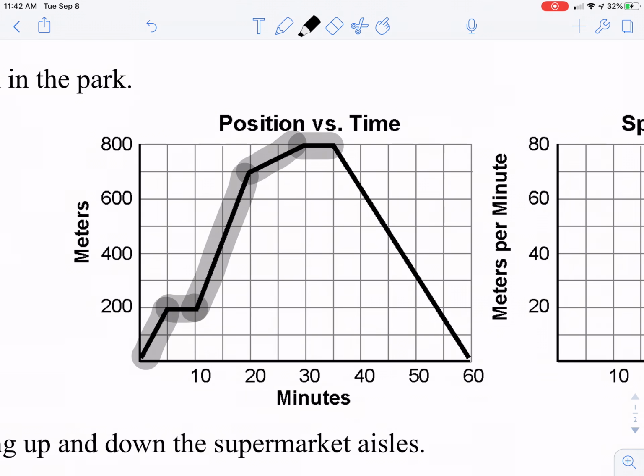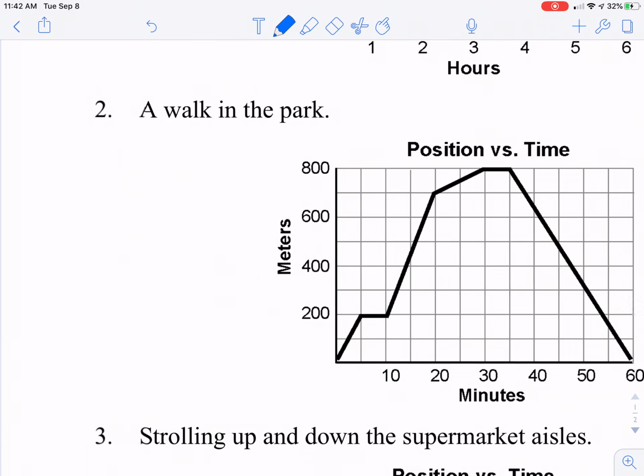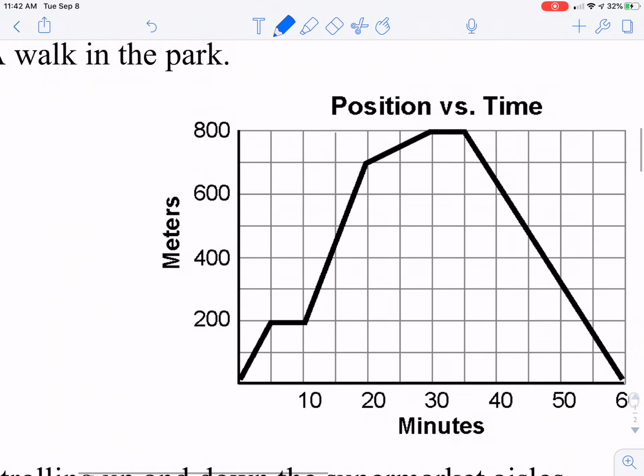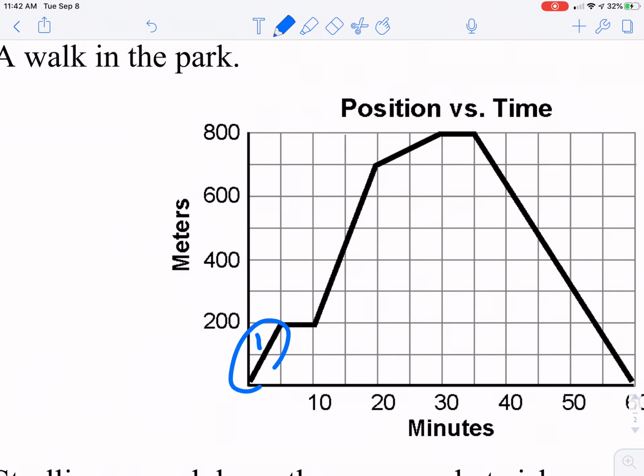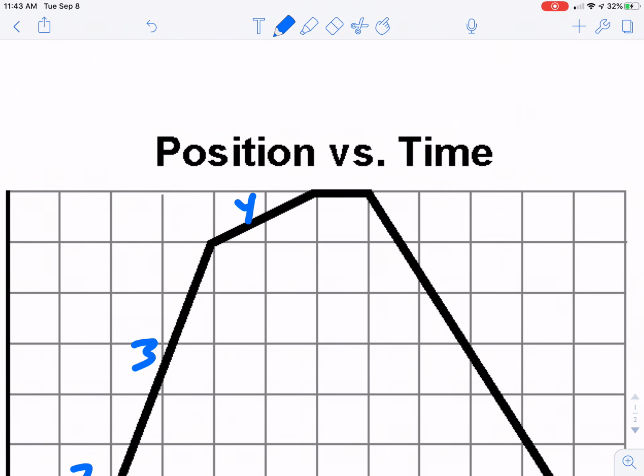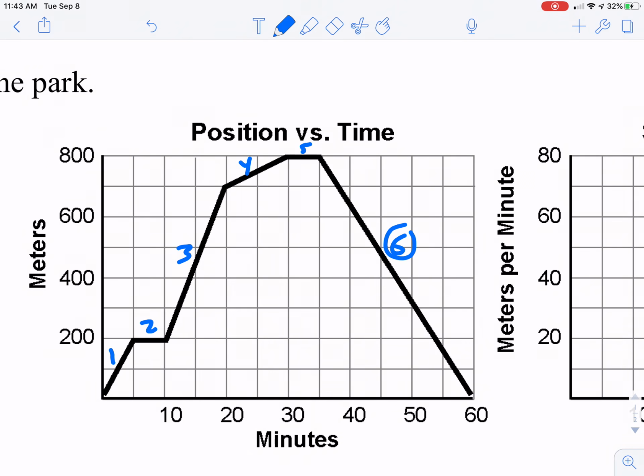Let me show you how that's done. Remember, we're doing rise over run. I'm going to number my line segments so that I can keep track of my work over on the side. I'm going to call this line segment 1, this line segment 2, line segment 3, line segment 4, line segment 5, and line segment 6.